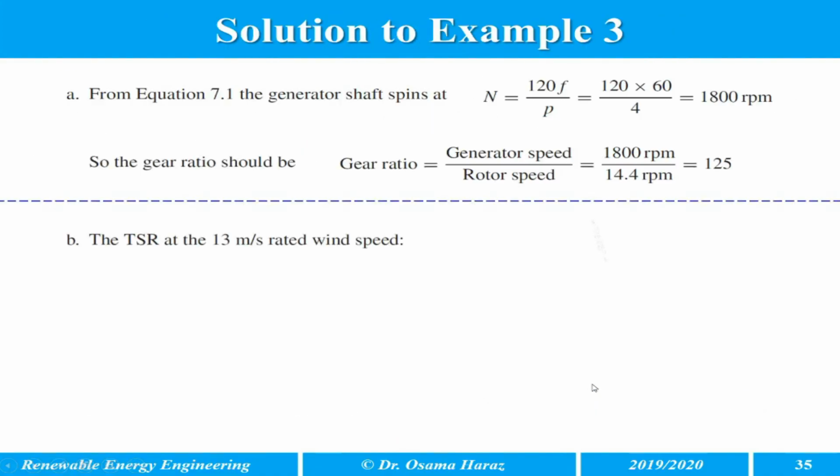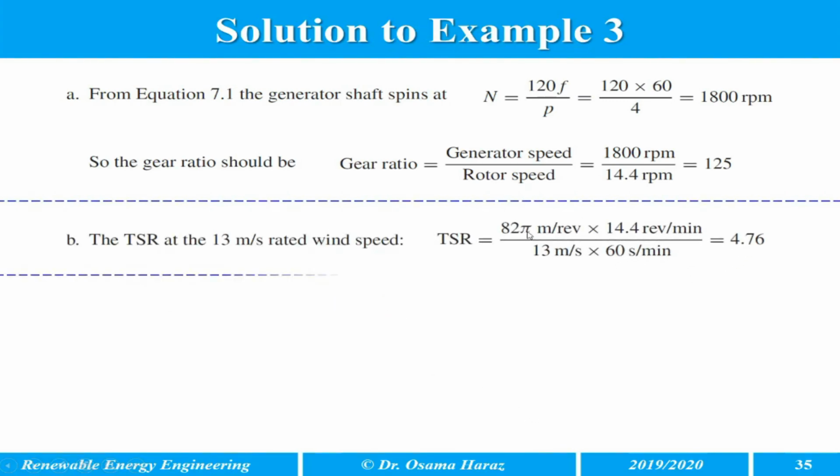What is RPM here? RPM is given, 14.4, times D over 60V. So V is given, D is given, and RPM is given, so the TSR is 4.76.